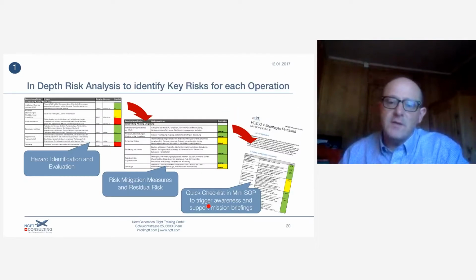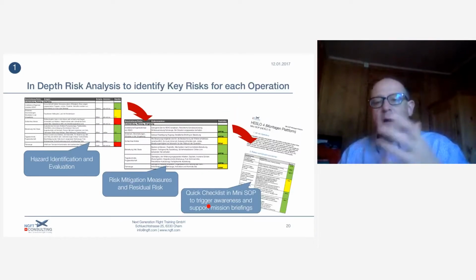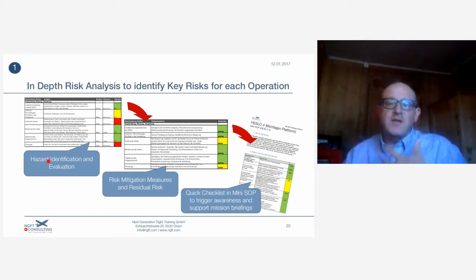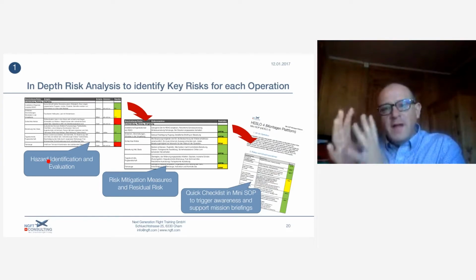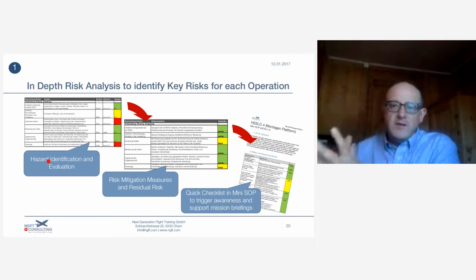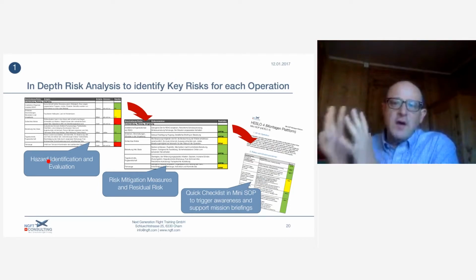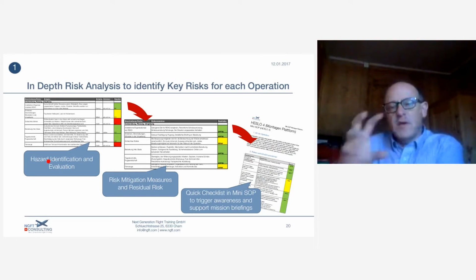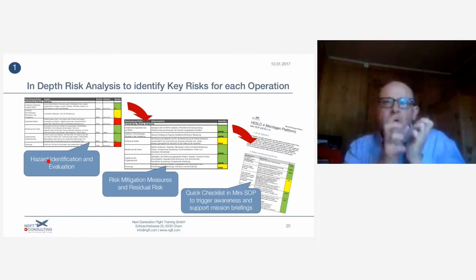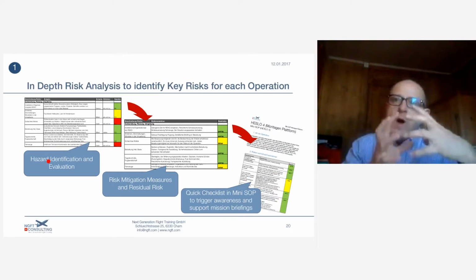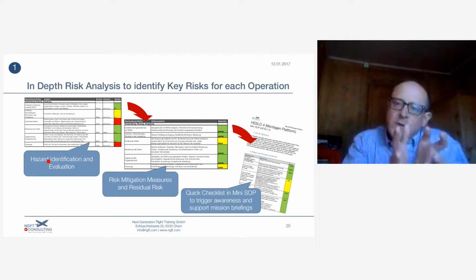Now then, once we have the hazard identification done, we need to define safety targets and risk mitigating measures. Because, well, if we have a hazard, we need to identify what do we want to protect?